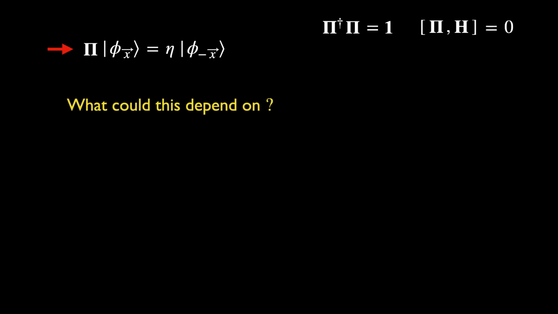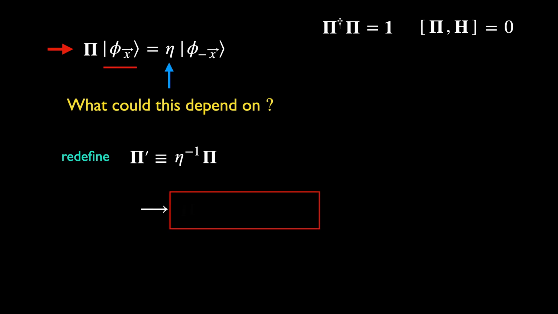A reasonable question we may ask is, if it's possible for this phase eta to depend on any property of the state that pi is acting on. For example, if eta is the same for all states, then we could simply redefine the parity operator as pi prime, like so, and set the phase to be 1.